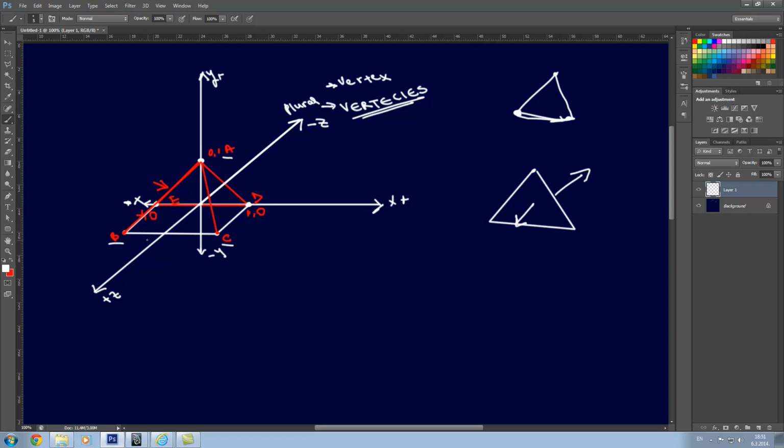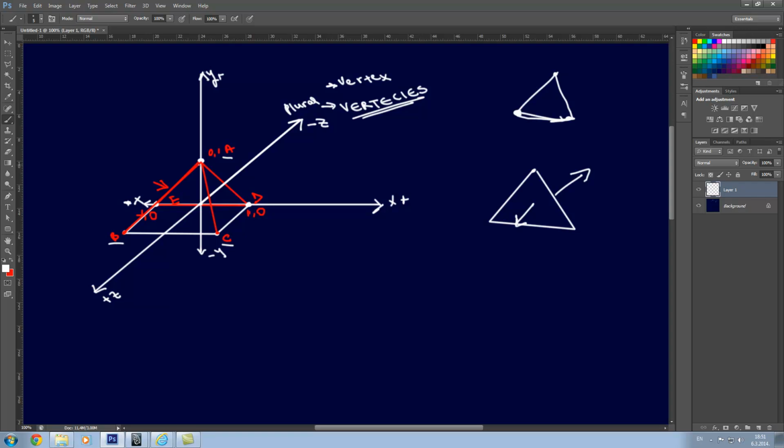If you chose to draw a triangle in a certain direction, you have to stick with it. I'm going to draw the triangle, for example, counterclockwise to define triangles that are facing towards me, and the clockwise way is for triangles that are facing outwards or away from me.